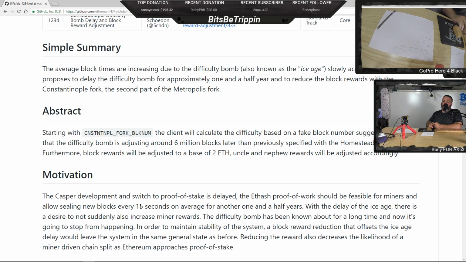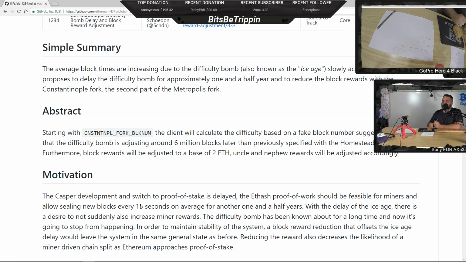So if you allow it to go off, it artificially drives up the difficulty, not predicated on the network hash power, but predicated on a series of code that just takes the difficulty up in an exponential fashion that just makes it a lot harder to solve the problem, which then naturally increases the amount of time that it takes to post a block.